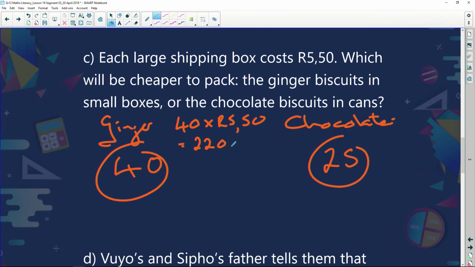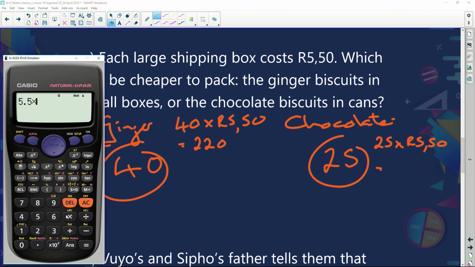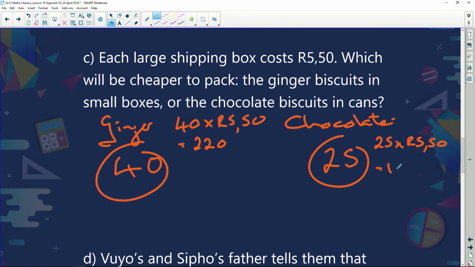The chocolate biscuits, we needed 25 boxes, multiply 5 Rand 50 by 25, and we get an answer of 137 Rand 50.